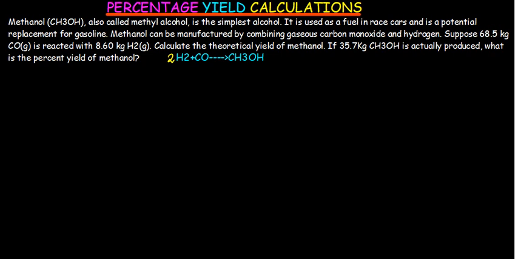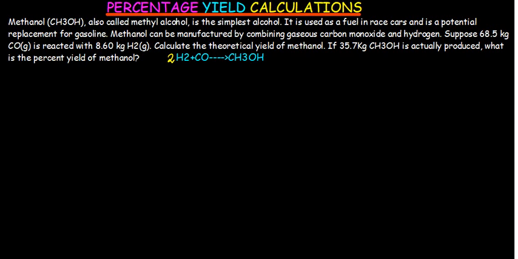From here we can notice that we've been given both masses of reactants: 68.5 kg of carbon monoxide and 8.6 kg of hydrogen. Whenever you've been given both masses of reactants, you need to determine which one is going to be the limiting reagent, which one is going to be used up first.